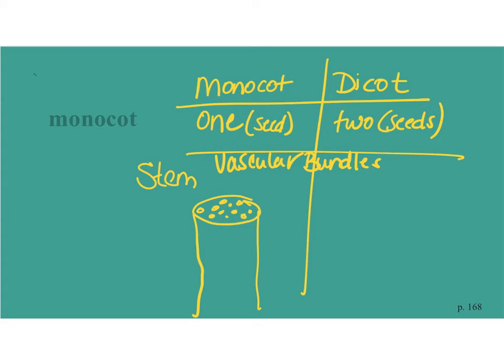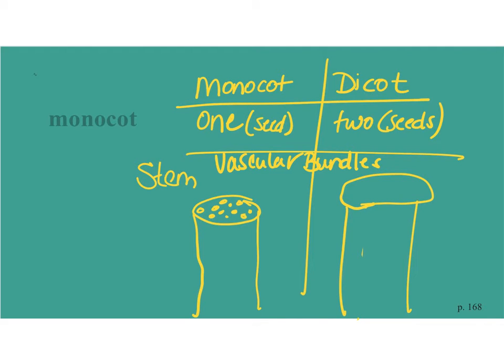Now, for a dicot, it's in a circle like this. I'm going to draw that larger just so you can see it.